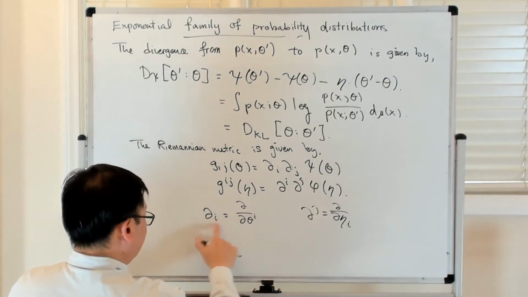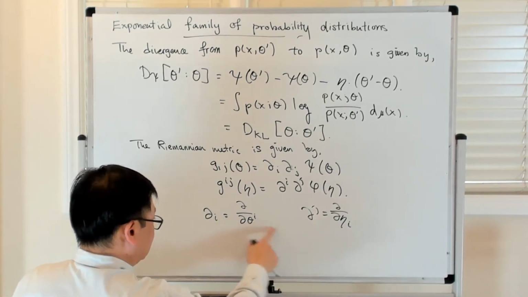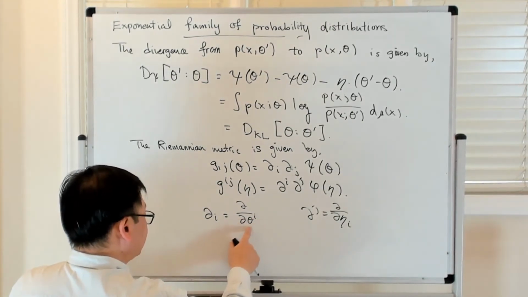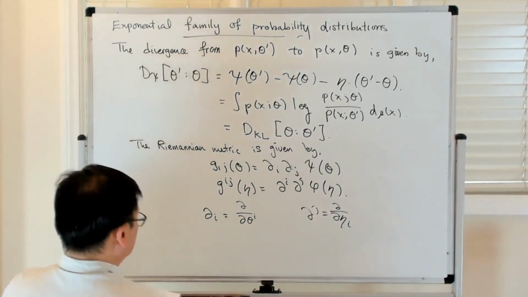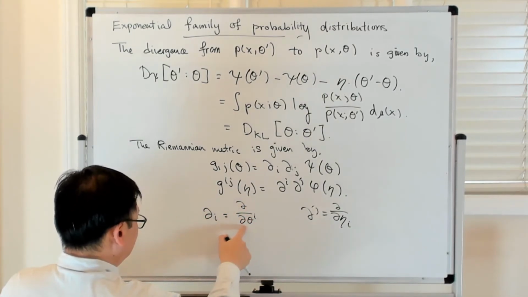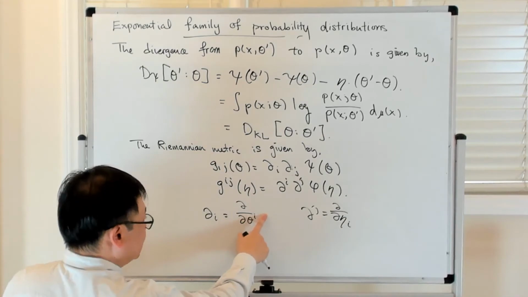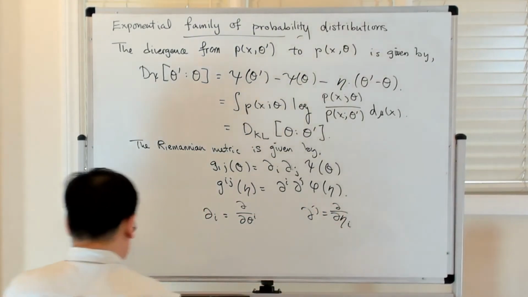Whether you have a lowered or upper index is important, and it's a mnemonic, if you will, for telling you whether you are differentiating with respect to something which has a raised index or lowered index. The thing with the lowered index involves differentiating with respect to something with the raised index, and the thing with the raised index involves differentiating with respect to something with the lowered index.